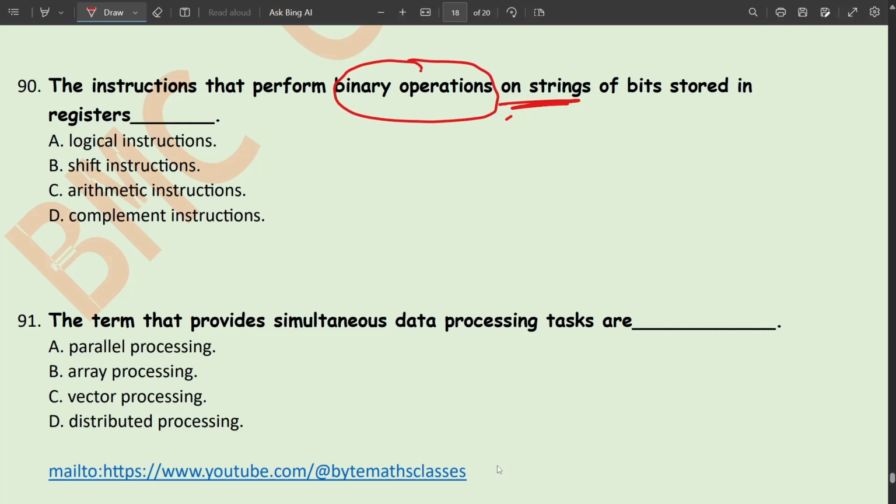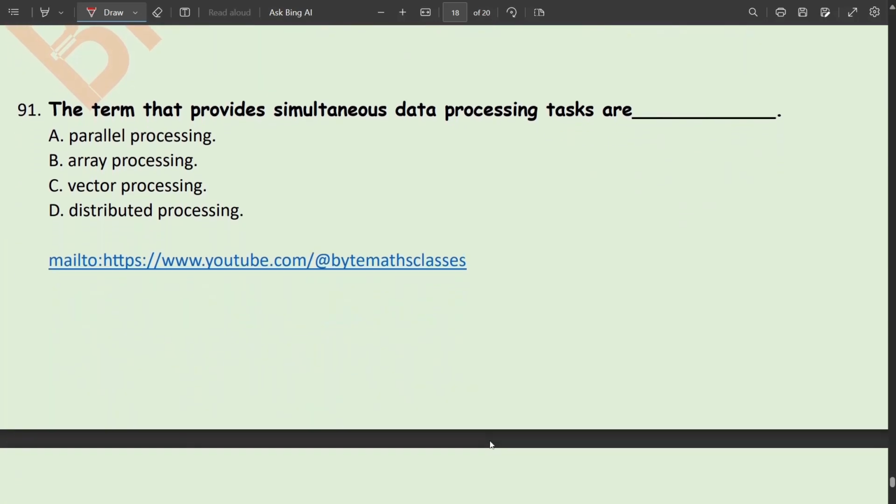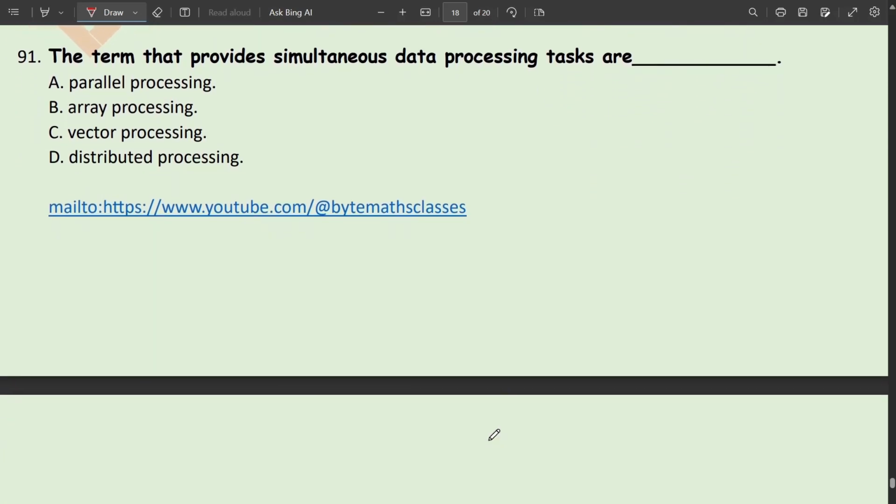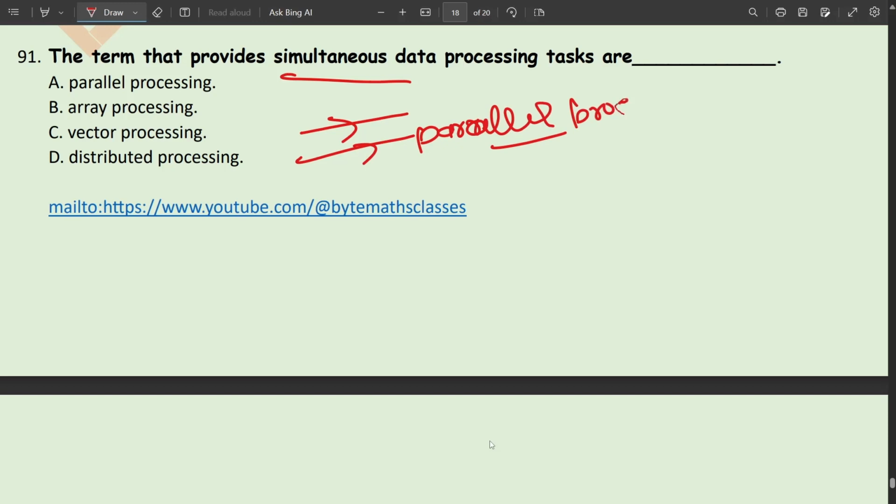So your answer will be option number A, logical instruction. Next, the term that provides simultaneous data processing task. Simultaneous means at a time. So the answer is parallel processing. So option number A is correct.